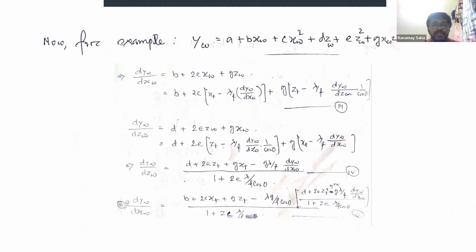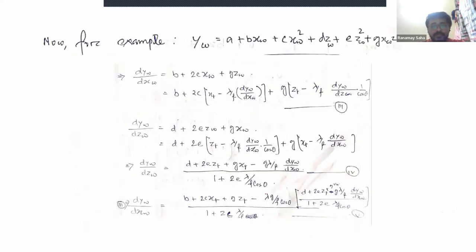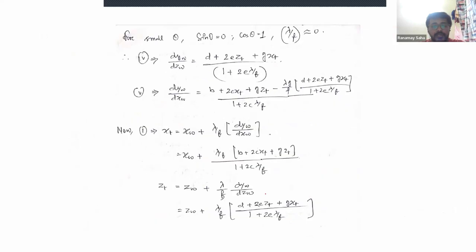Of course, the presentations will be made available to you. You can look at the steps similar to the 3D case, just one more angle. So you can look at it back at your home, and these slides will be made available to you.